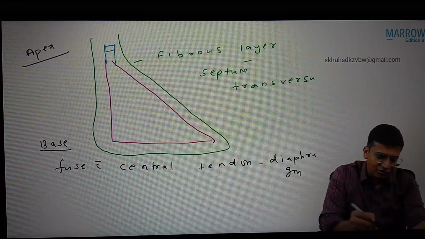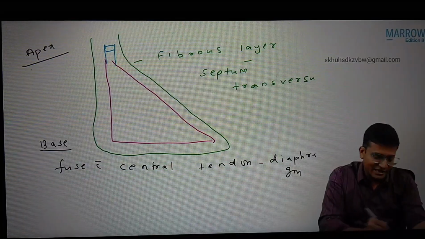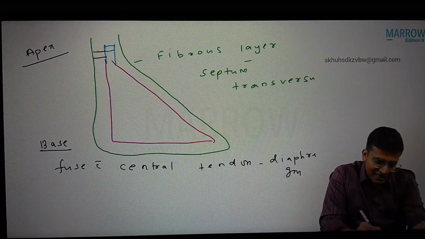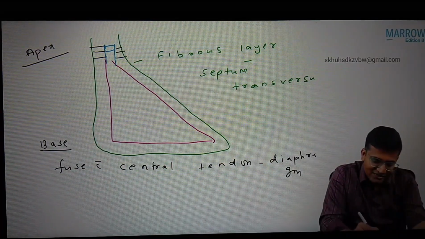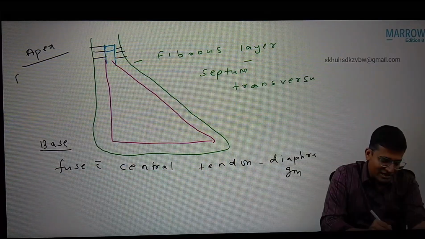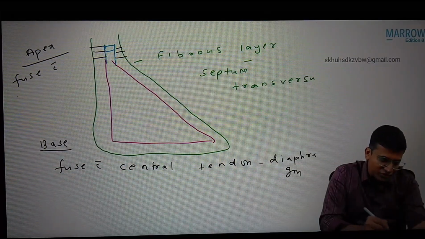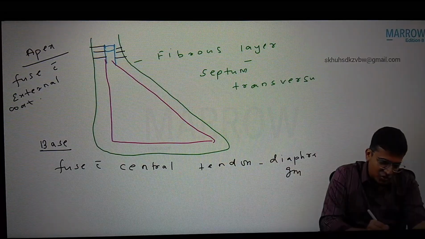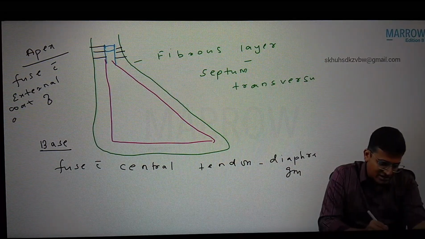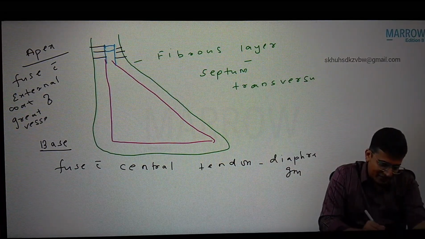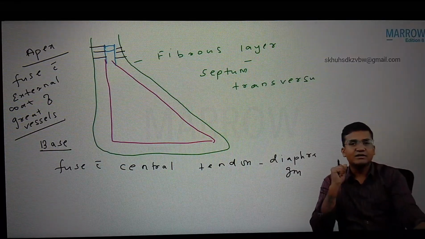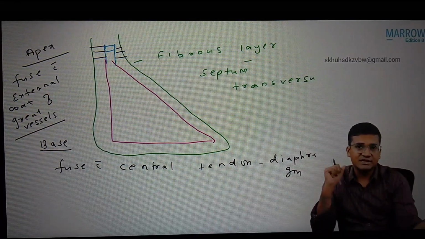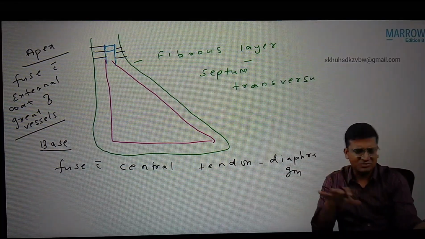The apex of the fibrous layer is fused with the external coat of the great vessels. That is about the fibrous layer. Very few points are there.